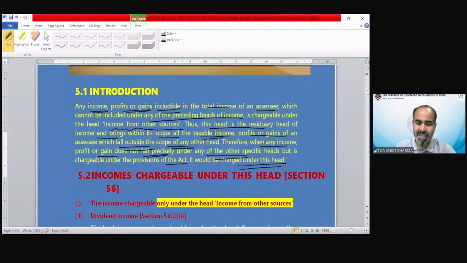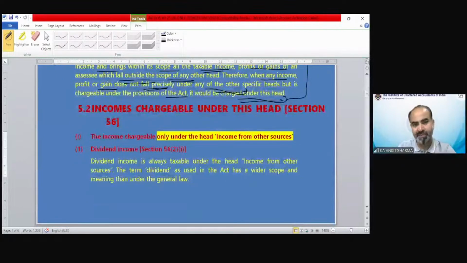The same thing has been repeated 3 times in this paragraph just to make it clear what they want to explain to you. Section 56 says income chargeable under this head. Section 56, the income chargeable.